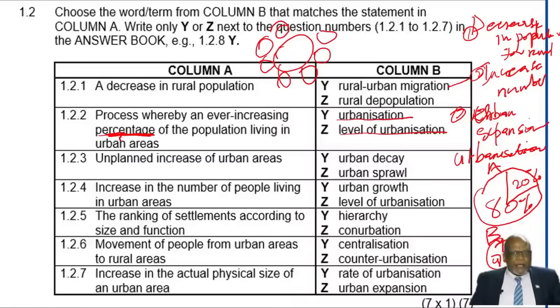But the level simply refers to the proportion, the percentage that is already living in urban area.